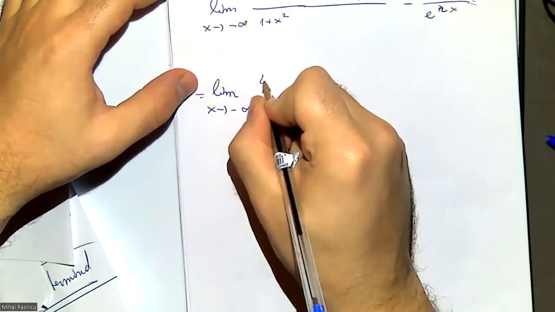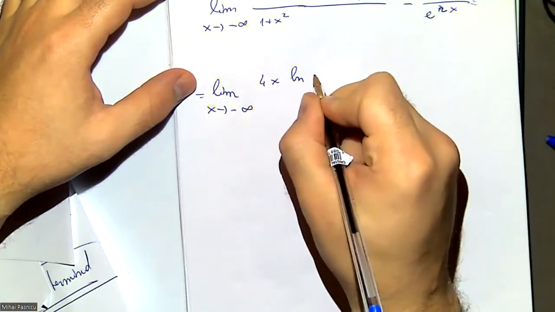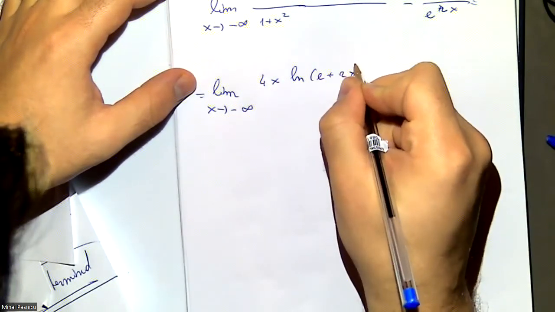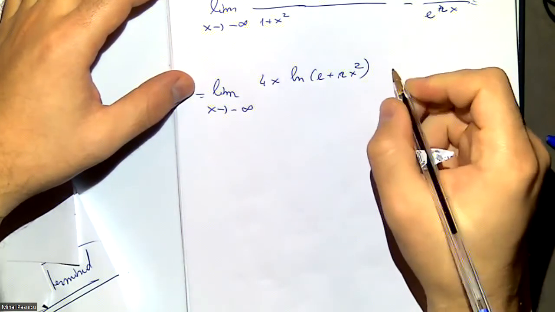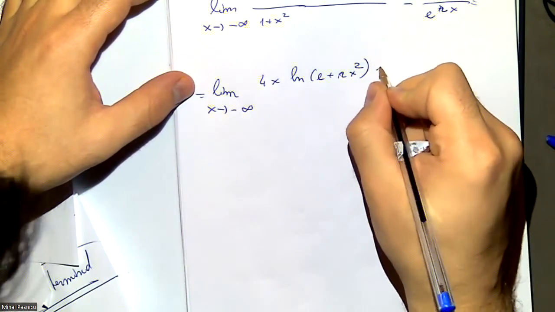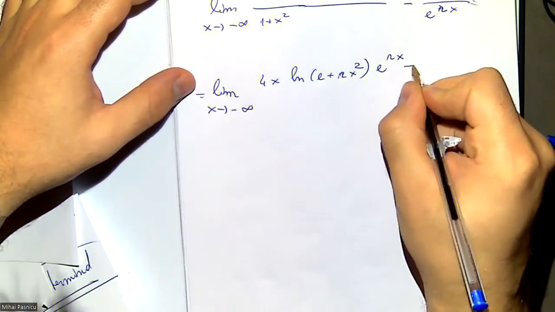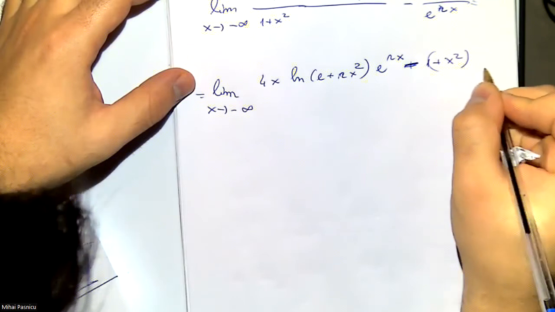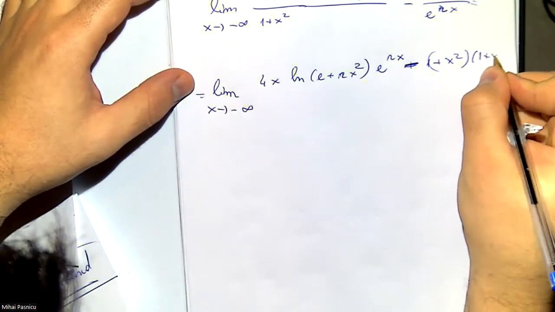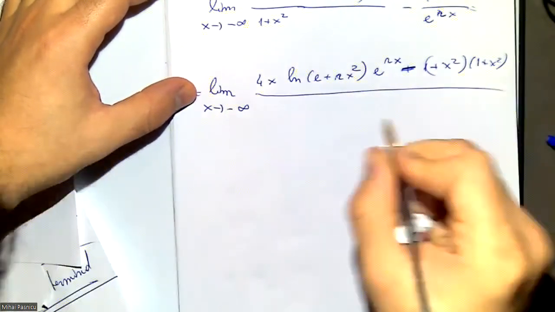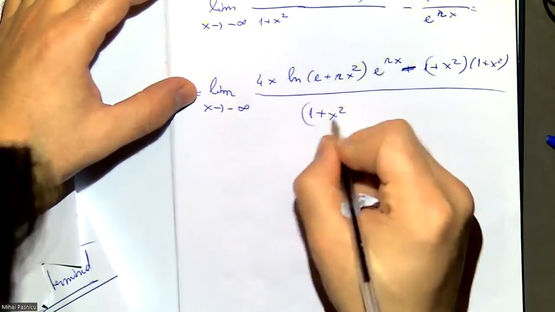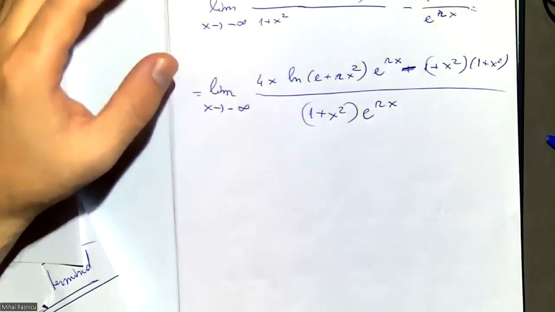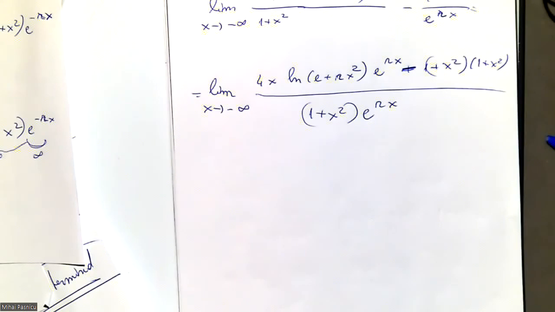So I bring it to the same denominator and I get 4x log of e plus rx squared times e to the rx plus 1, minus 1 plus x squared, 1 plus x squared e to the rx. Okay. Honestly, I was expecting this to look much nicer, but apparently it's not really helping.